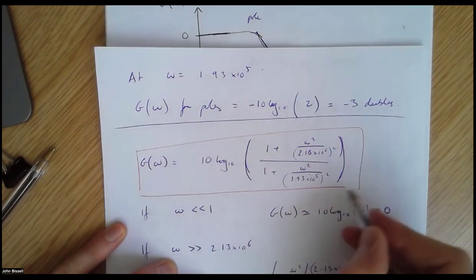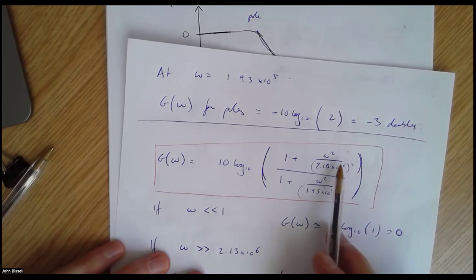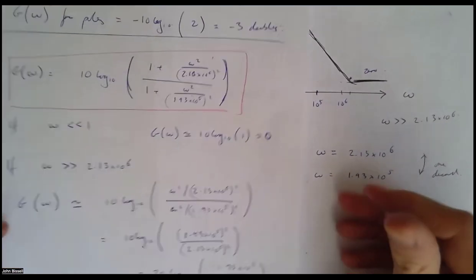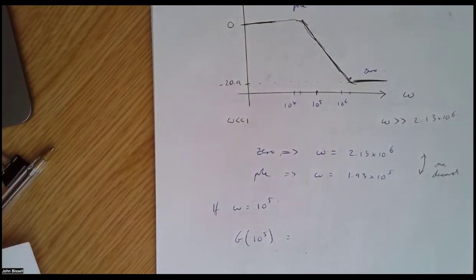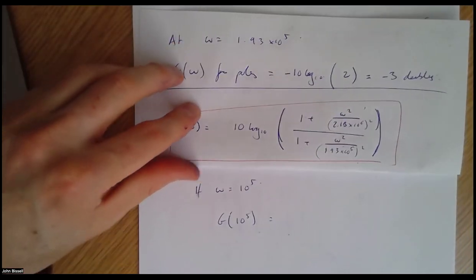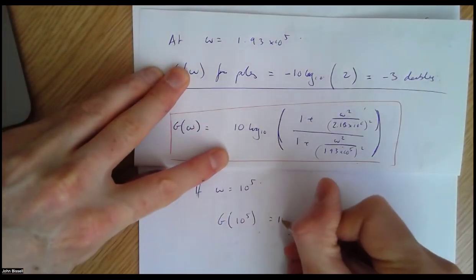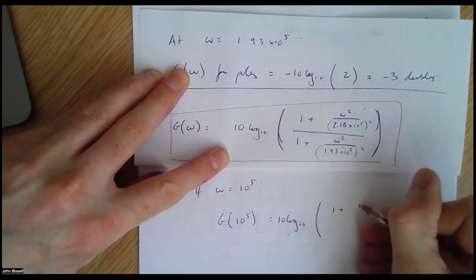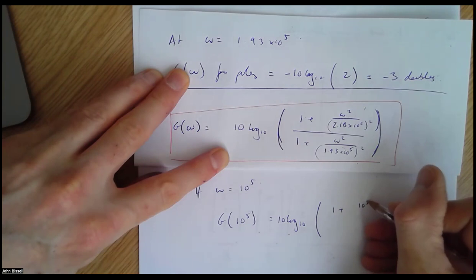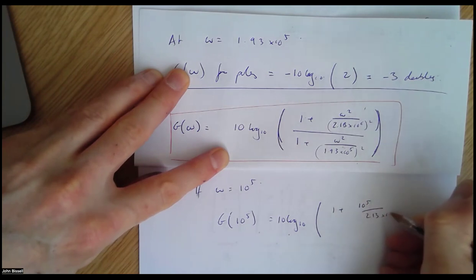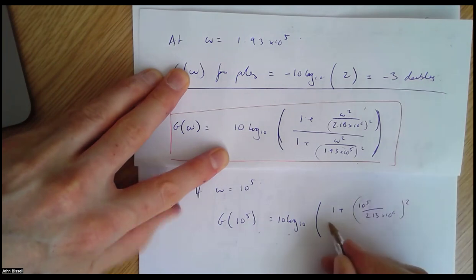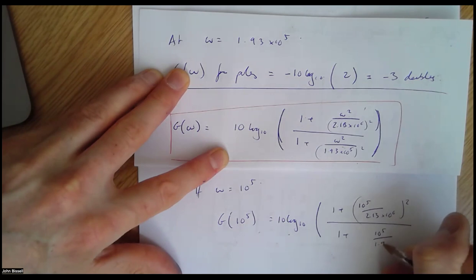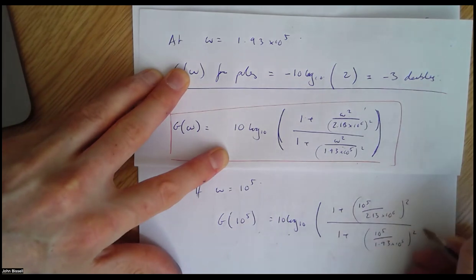We can put 10 to the 5 into this, and we'll have 10 log to base 10 of 1 plus 10 to the 5 over 2.13 times 10 to the 6 squared, over 1 plus 10 to the 5 over 1.93 times 10 to the 5 squared.